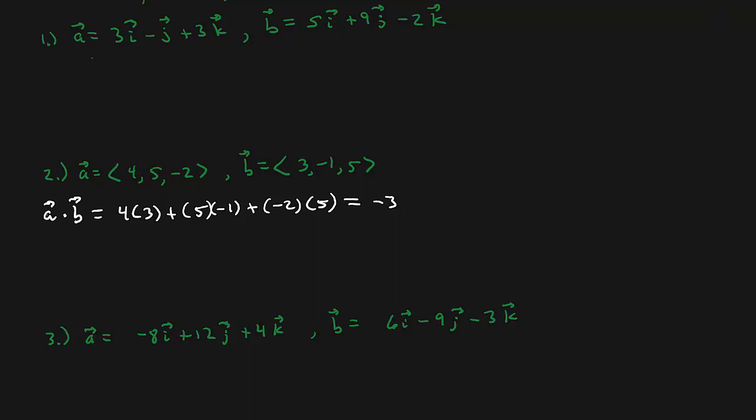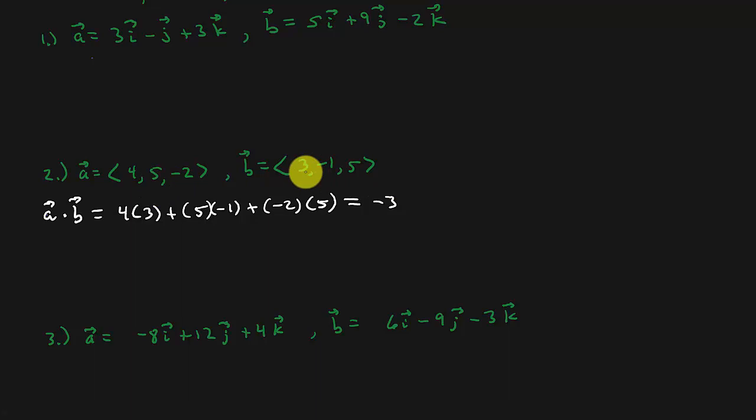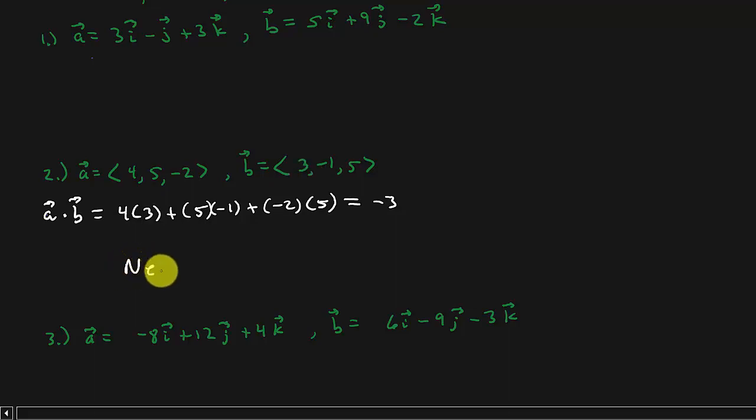Is there something that we can factor out of this vector and this vector, like a scalar? Can we factor a scalar out of either one of those? Well, this doesn't have a common factor that we can factor out, does it? And this one doesn't either. So we cannot write these as scalar multiples of one another, and so this would be neither.